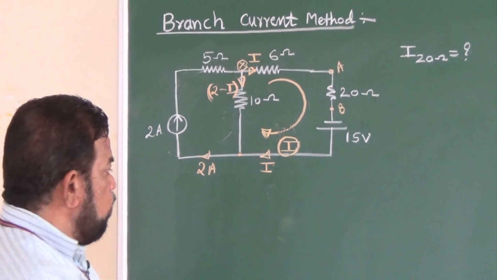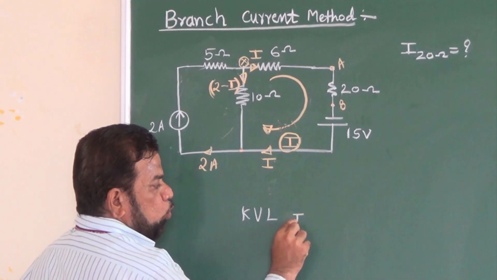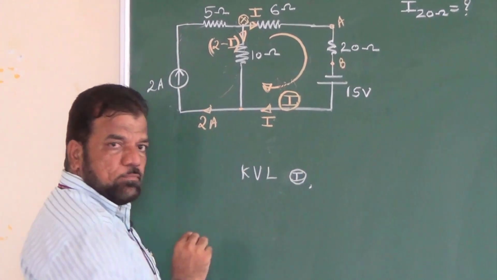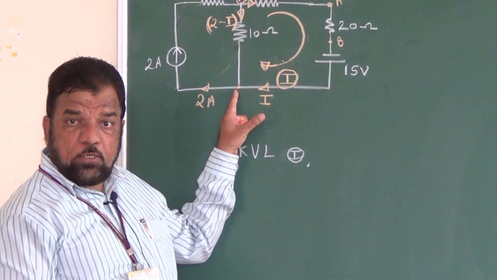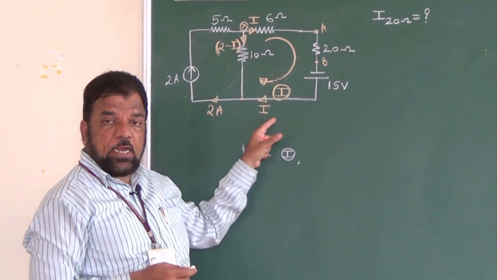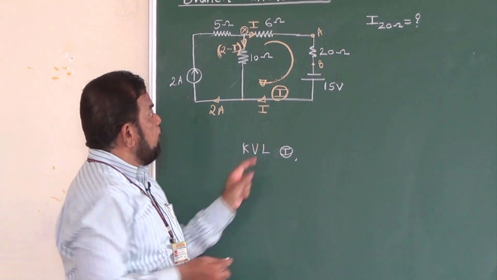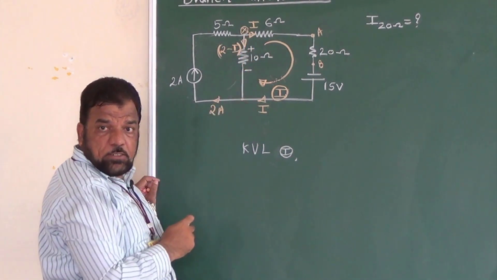Now in the next step, how to apply KVL at loop 1. When applying KVL, I have to start from some reference point, traverse in a clockwise direction and come back to the same point. Here, when the current is flowing downward, the potential drop is plus to minus.